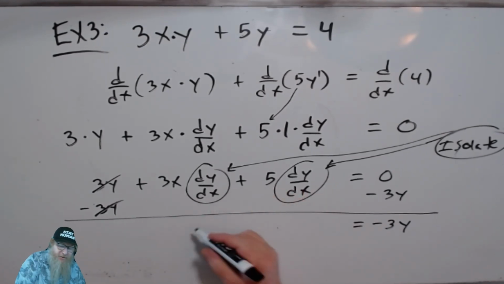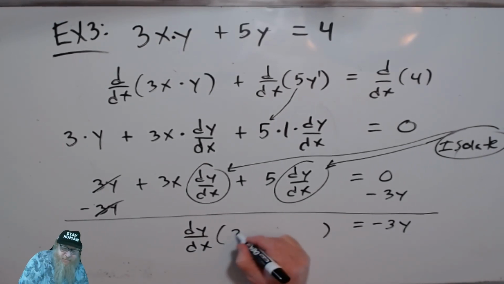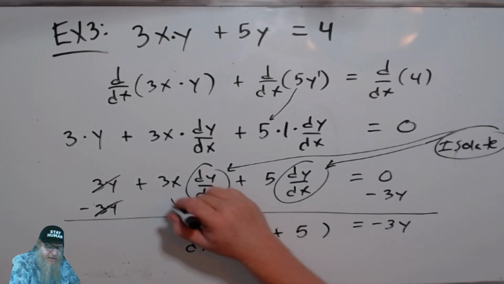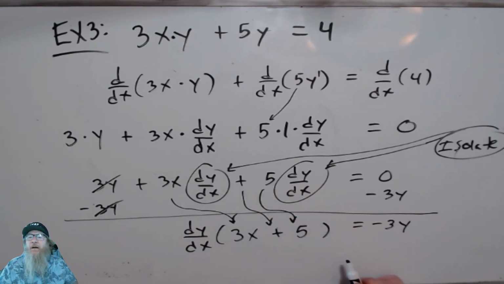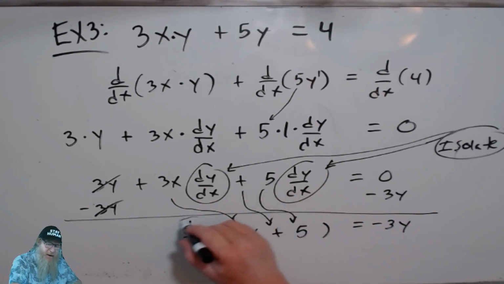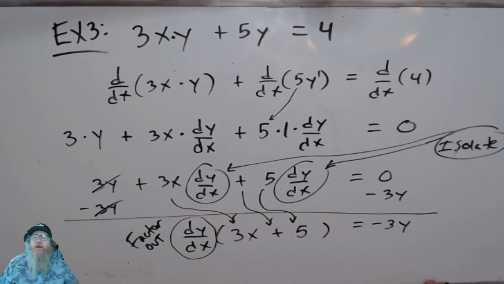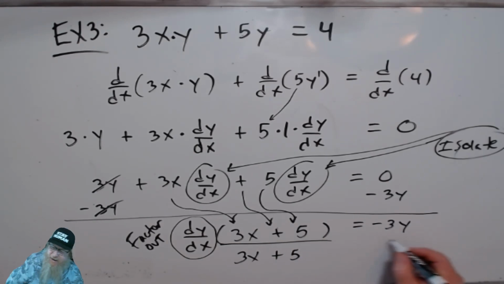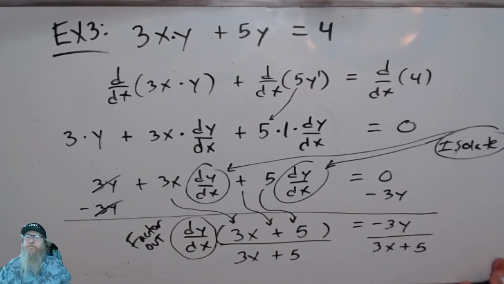I'm going to factor out the dy dx, bringing down the 3x and the plus 5. Factor it out. Notice there are 2 of them here, but when I write it here, I only write it once. We call that factoring out. Then I'm going to divide by 3x plus 5. And that's your answer.